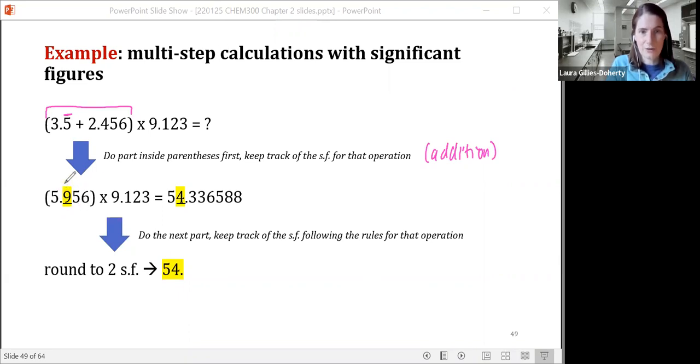Draw a line or a mark or a star, whatever you prefer, over your last sig fig that you would be rounding at if this was the last step of the problem. It's not, but we just want to keep tabs on where our last sig fig is. And then you hold on to 1 to 2 extra digits so that you don't end up with a different answer at the end from premature rounding. Now I do the next step. This is my multiplication.